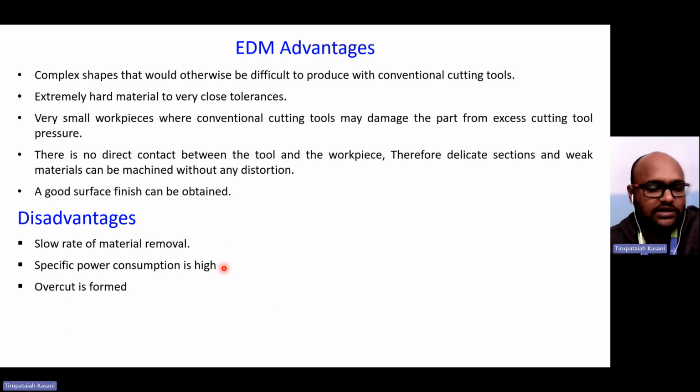See here, overcut is formed. What is this overcut? Whenever I am using this wire, due to the wire profile, there is an extra amount of material removal in some portions due to their shape, that is overcut.